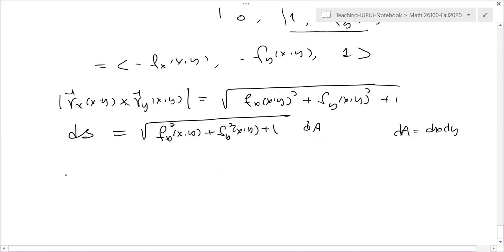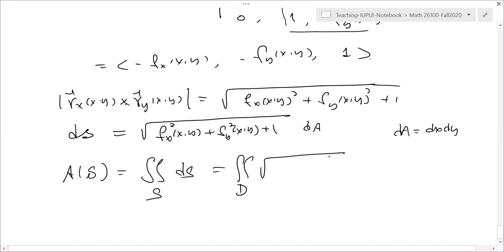So the surface area is first of all the double integral of this over the surface of the graph, and now you can change it to the integral of this over the domain.